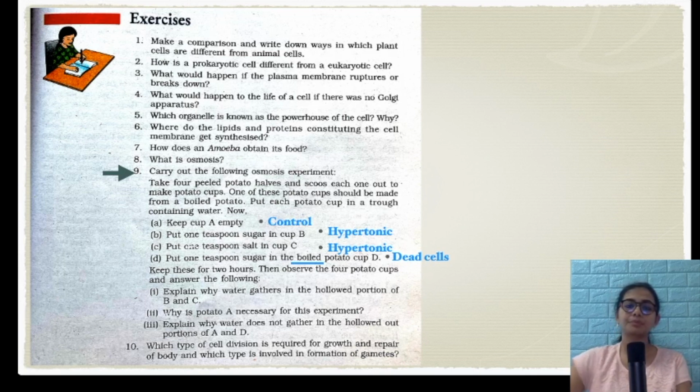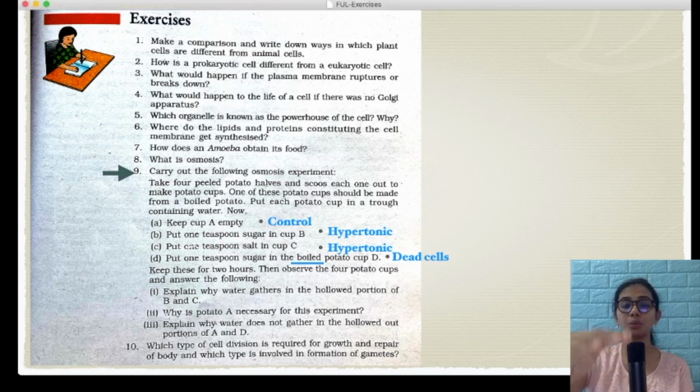Remember, plasmolysis occurs only in living cells. Same with osmosis. Both require the presence of a selectively permeable membrane, and both won't happen unless the cells are living. Okay, so in dead cells, osmosis will not happen. That is forgiven.